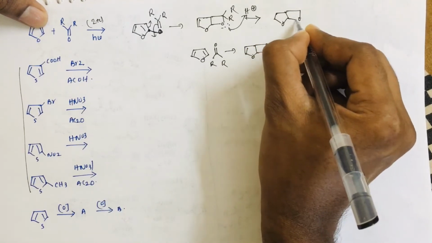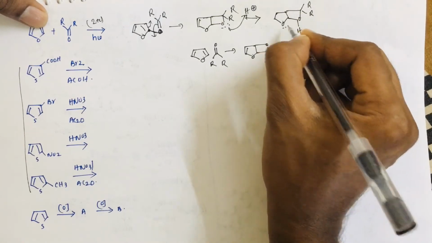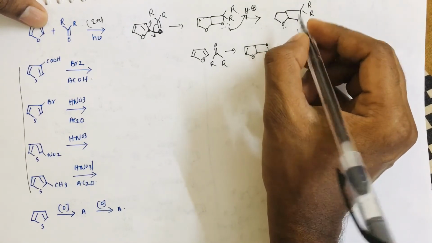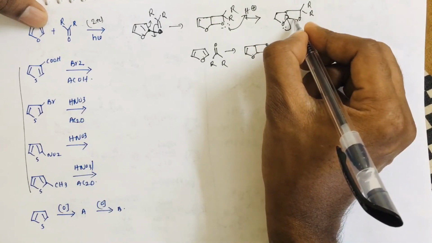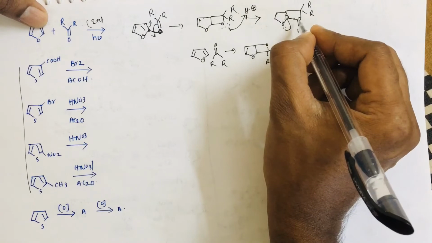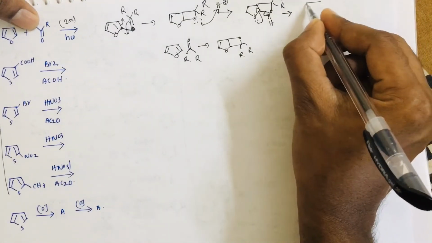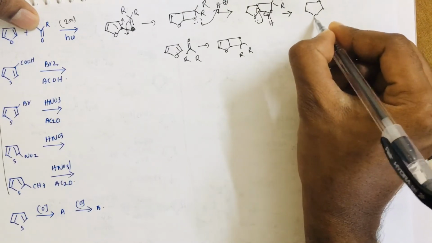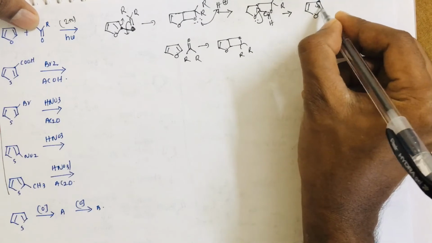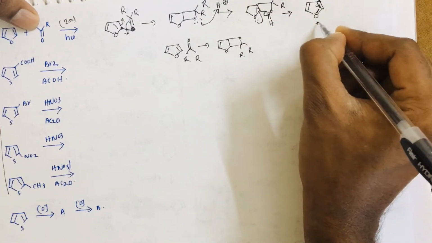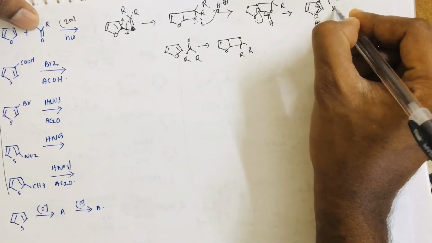then we have it like this. Now this bond goes on to this, and then this bond goes on to the oxygen. This will be like this, sorry, here plus this is ROH.